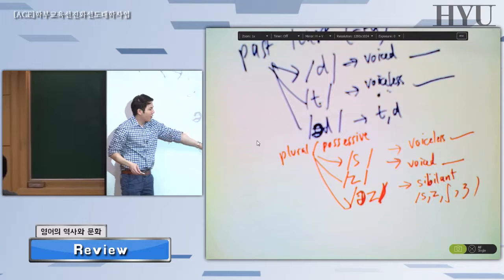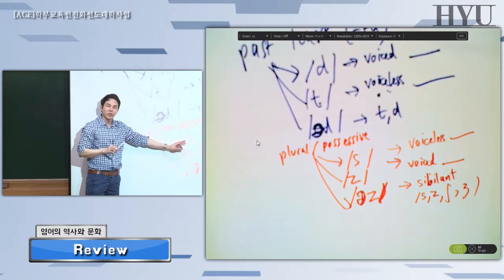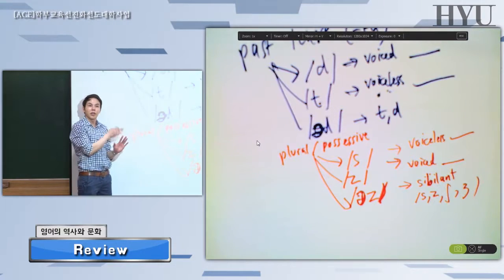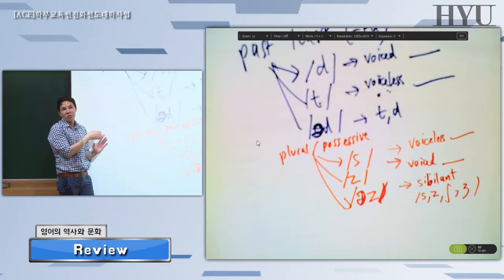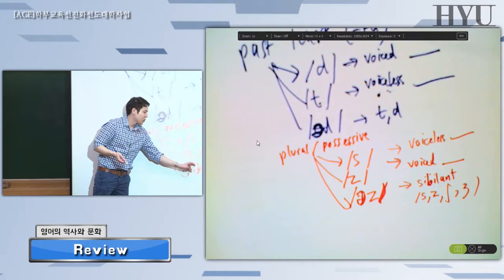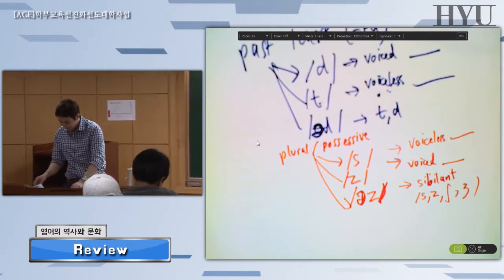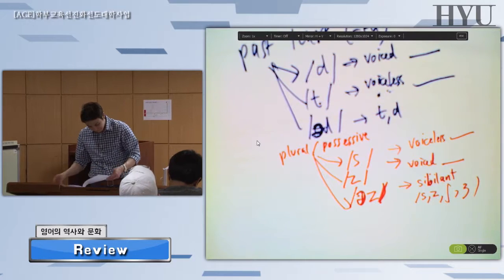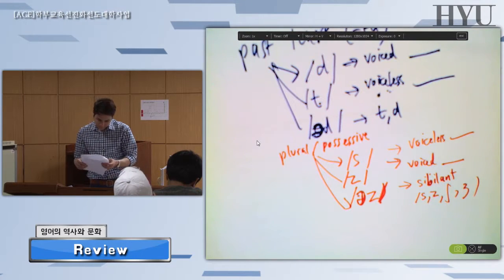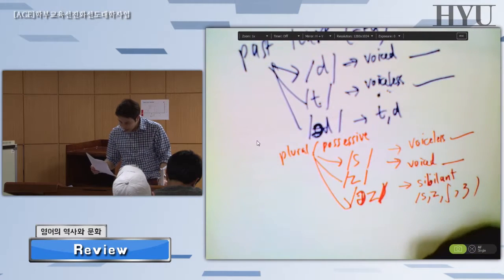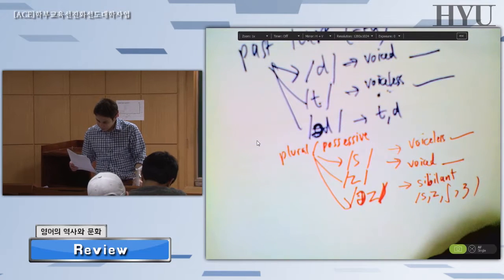Here too, you have two assimilation processes, right? S or Z, depending on whether the preceding sound is voiced or voiceless. And here you insert a schwa, right? So that's for the morphology part.